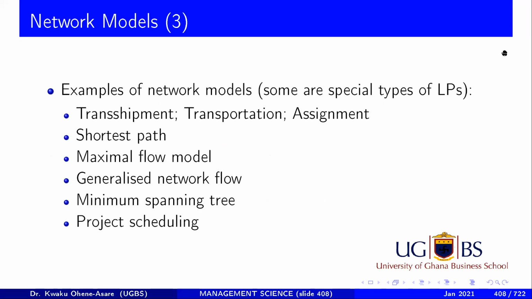Your goal is to minimize the distance traveled, or to minimize the cost of traveling across different nodes. Several models have been developed: the transshipment, assignment, shortest path, generalized network flow, minimum spanning tree, project scheduling, and others.